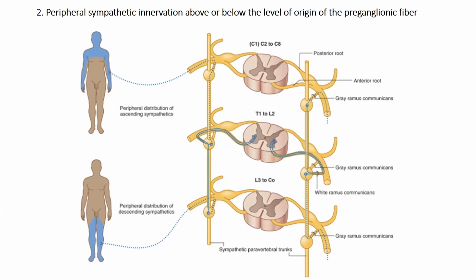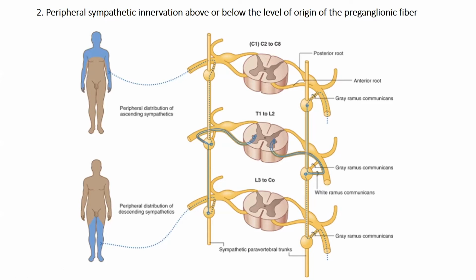So in this case, that's why you can find the white communicating branch, or white ramus communicans, only in association with the spinal nerves T1 until L2, but the gray communicating branches are associated with all the spinal nerves.